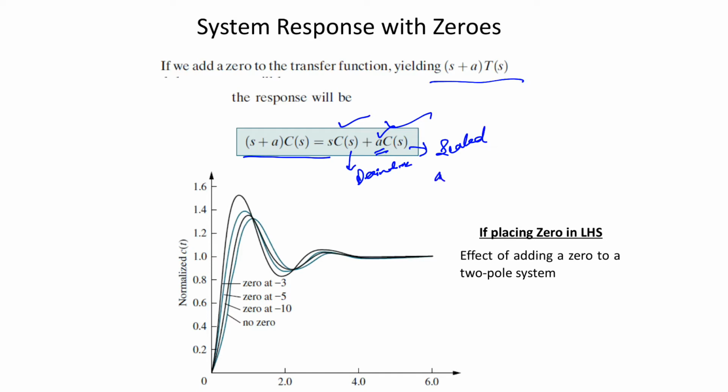If a is not very large, the response has an additional component consisting of the derivative of the original response, sC(s).